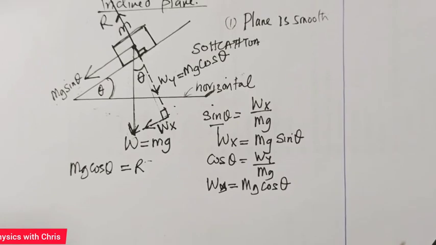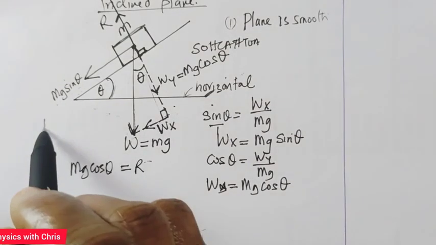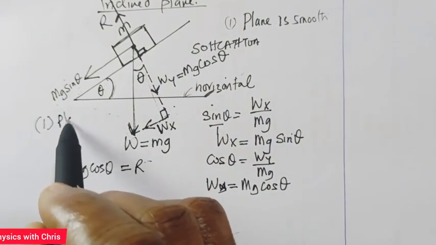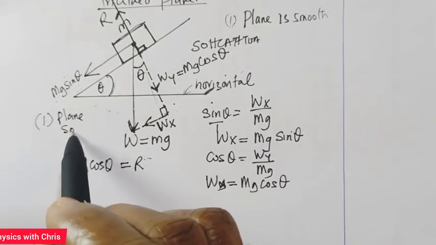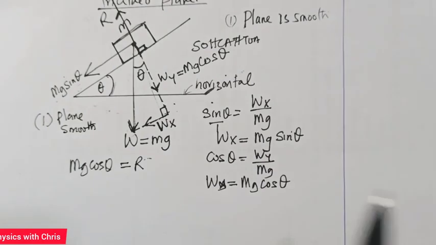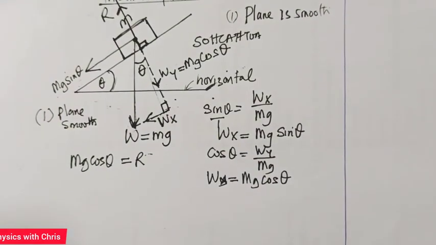If there's no frictional force, let's look at case 1, when the plane is smooth. The surface of the plane is very smooth, such that the frictional force acting between the two surfaces is 0, or the coefficient of friction, whether static or dynamic, is 0.